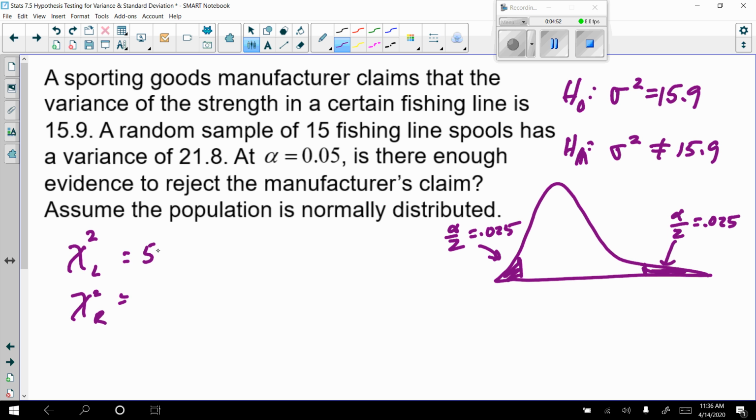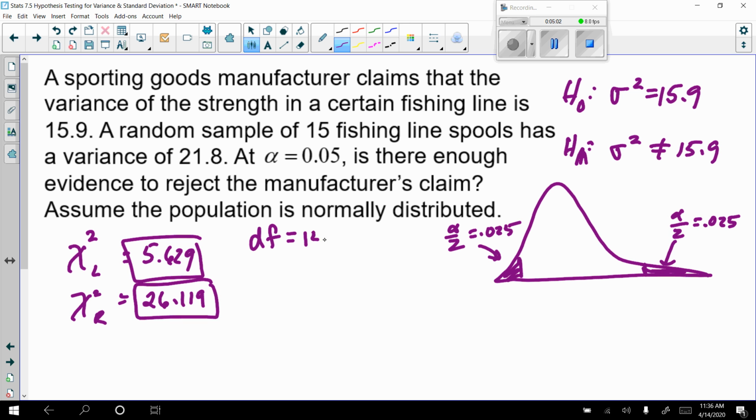Those two values are 5.629 and 26.119 from the table, using degrees of freedom of 14. So if our value is greater than 26.119 or less than 5.629, then we can reject the claim.